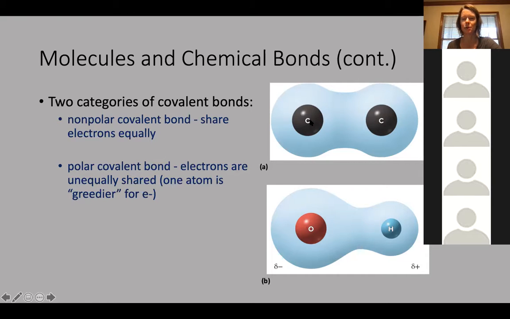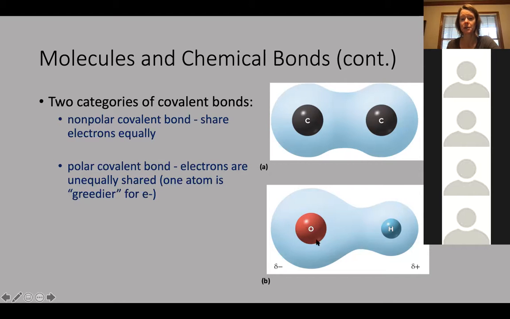I'm not going to get into what makes one atom greedier for electrons than another, so don't worry about that. But if they're the same atom, they have the same pull on the electrons, basically. So like H2, anything with two carbons bonded, they're pulling on those electrons equally because they're the same atom. So two of the same atom are going to be nonpolar.